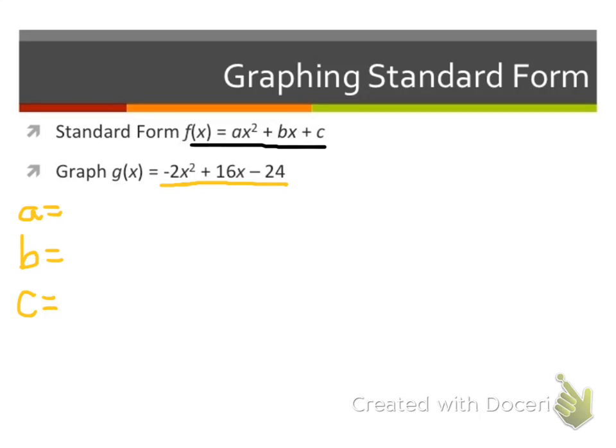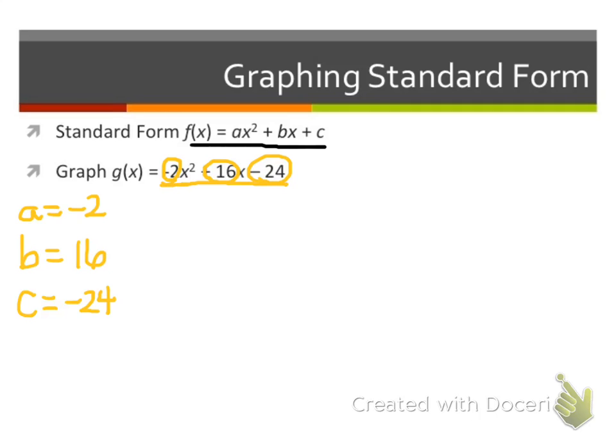So the a is going to be this negative 2 right here. The b is going to be the 16 right here in front of x. And then the c is our constant term with the negative included, so a negative 24.